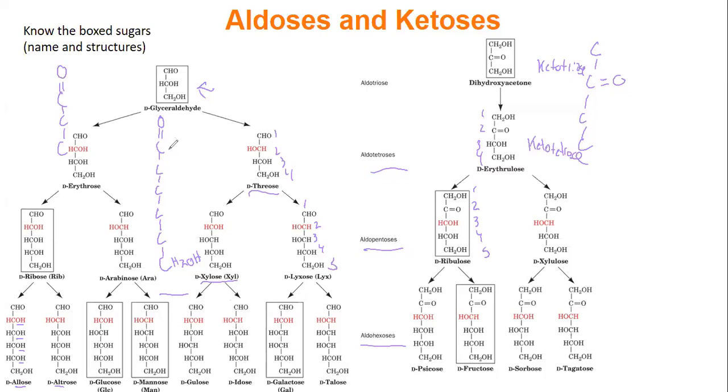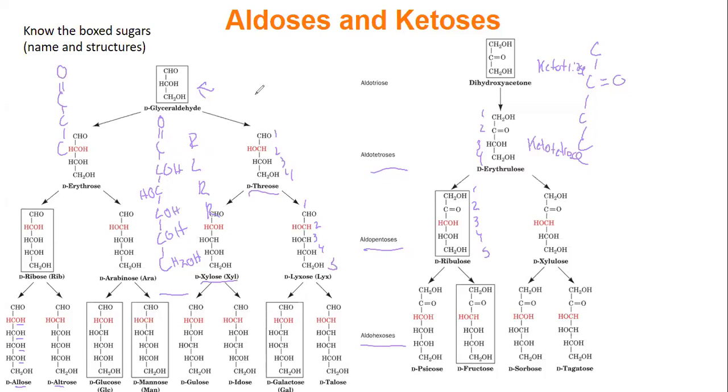These OHs have directionality. Where we're showing right and left, you can think about that as above the plane and below the plane almost. So one way to memorize glucose is it's right, left, right, right. OH, OH, OH, OH. While mannose is left, left, right, right.